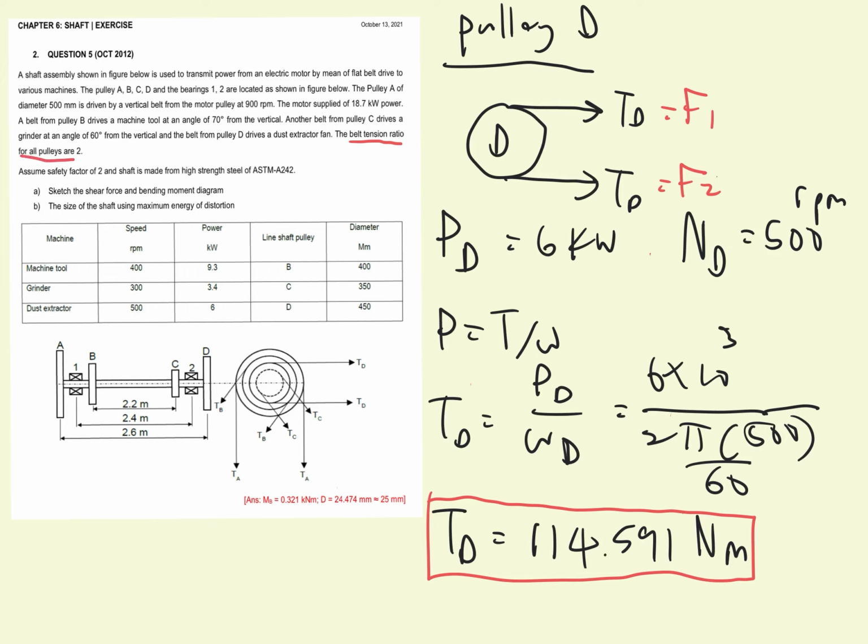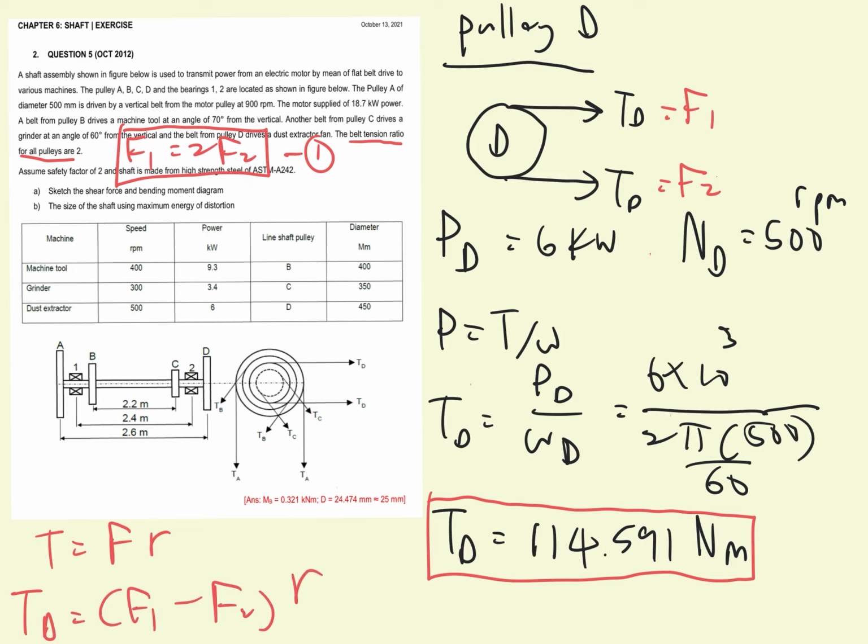If the belt tension ratio is 2, it means that F1, the tight side, is equal to 2F2 for the slack side. So this is the first equation, and the second equation comes from torque equals F times R. So torque for pulley D is equal to F1 tight side minus F2 slack side, times RD.